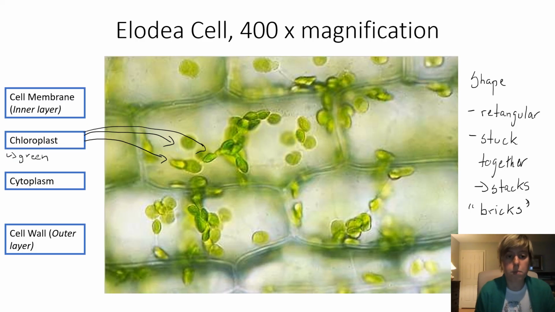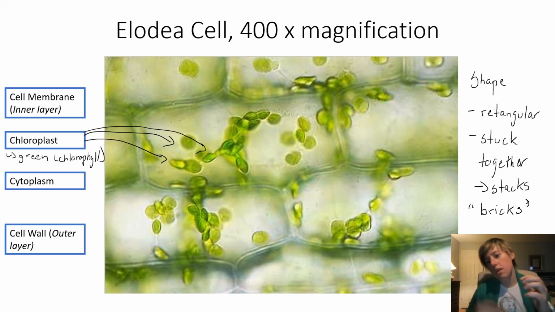They are green because of chlorophyll, which is the green pigment that allows the chloroplast to trap the energy from the sun and convert that energy with carbon dioxide and water vapor into glucose.